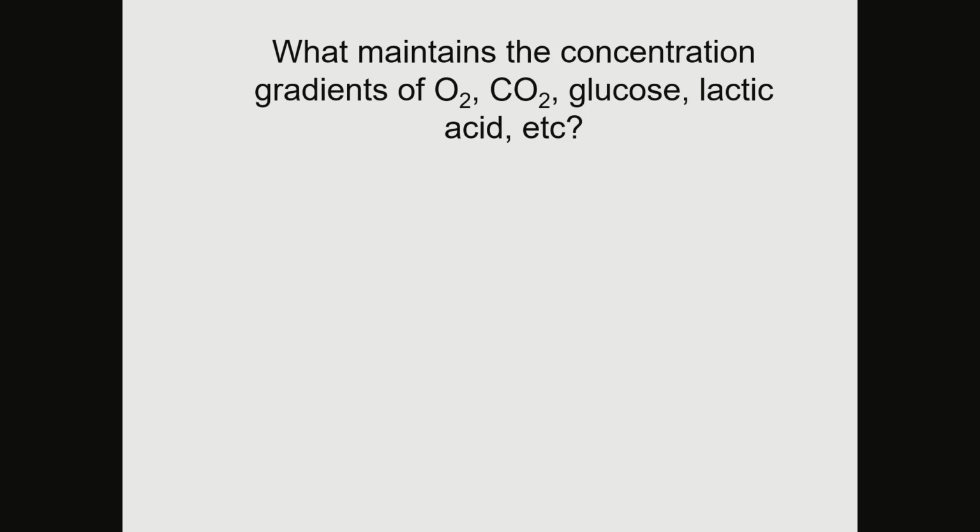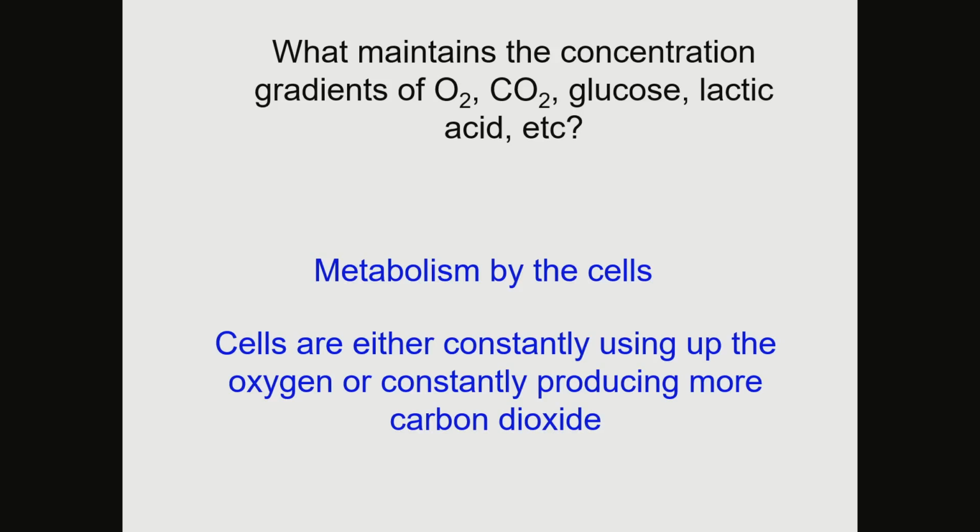But essentially, we always have that concentration gradient. How can we always have the concentration gradient? Well, because the cells are using up oxygen, right? We're always using up oxygen. So it's always making CO2, and hence you essentially always have those gradients, okay?